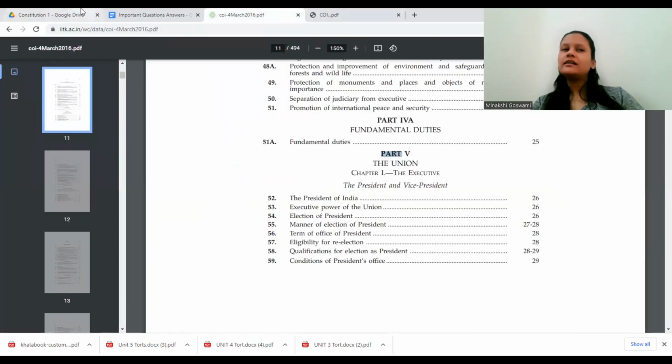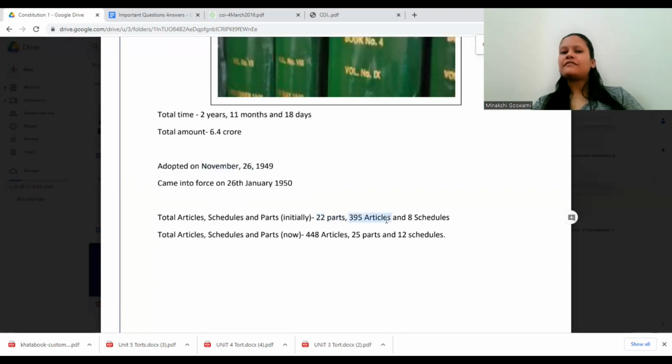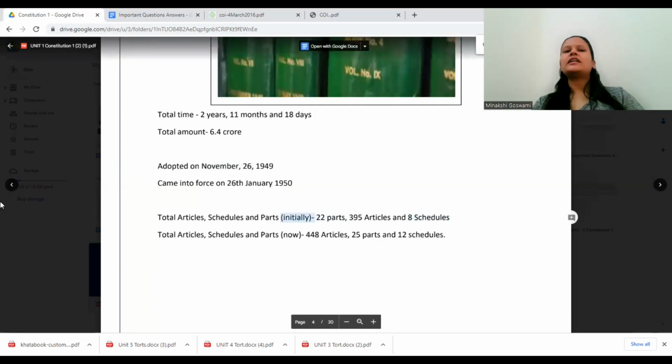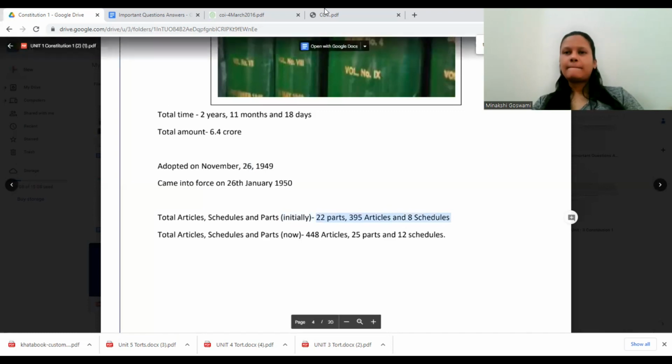Different parts are there. So total 22 parts were there, 395 articles and 8 schedules were there initially when Constitution became applicable. As in initially in 1950, Constitution had 22 parts, 395 articles and 8 schedules.